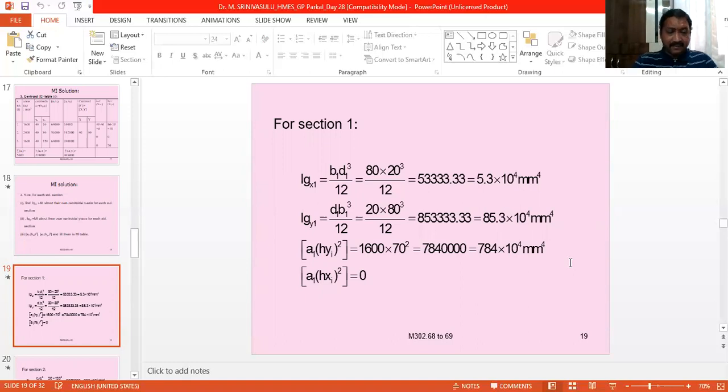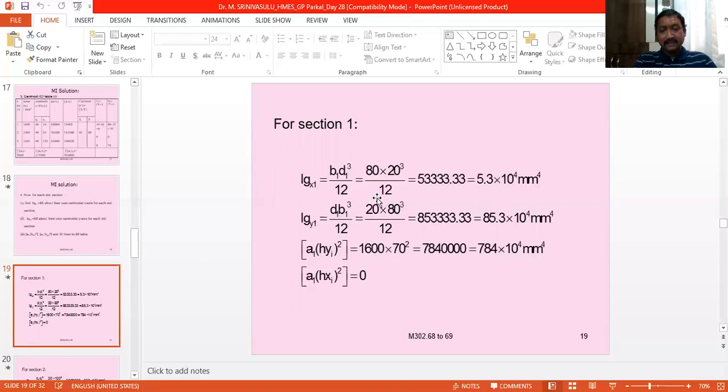First, we take section 1. IGX1, that is the moment of inertia about its own central axis, is B1 D1 cube by 12. By substituting the values, it is equal to 5.3 into 10 power 4. And IGY1, the moment of inertia about its y-axis, is equal to D1 B1 cube by 12.